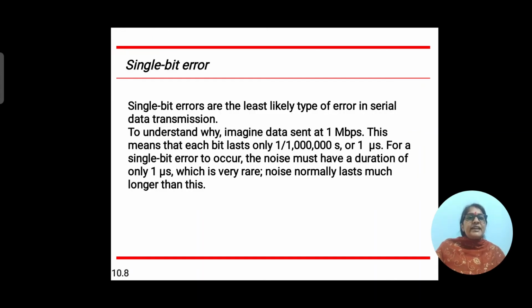Single bit errors are the least likely type of errors in serial data transmission. To understand why, imagine data sent at 1 megabit per second. This means that each bit lasts only 1 divided by 10 lakhs, or 1 microsecond.